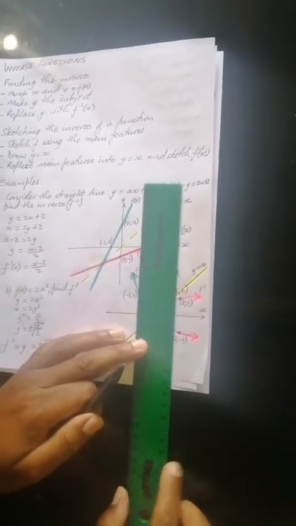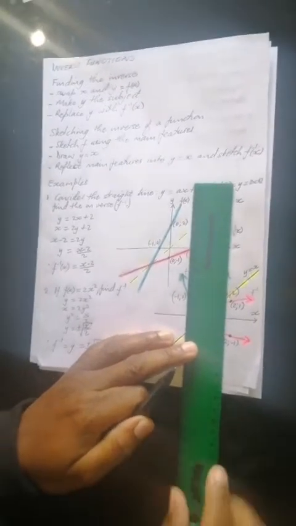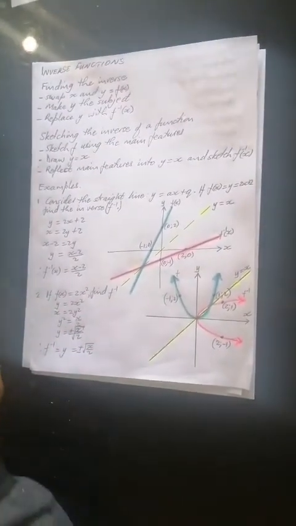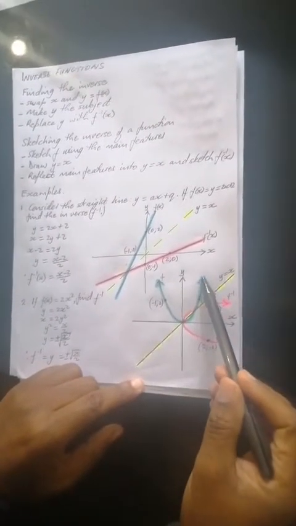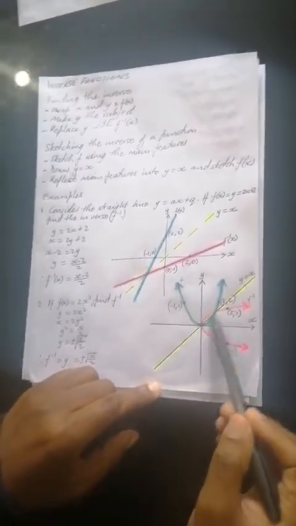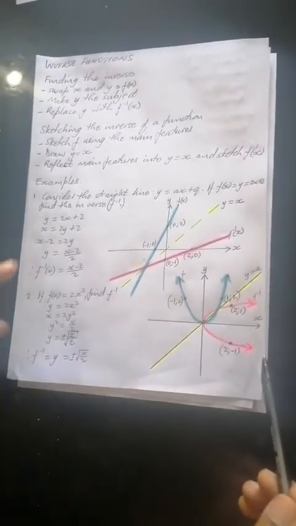Therefore, it means it is not a function. It will only cut once if it is a function. So we always restrict the domain of the graph of f such that its inverse becomes a function. And that is what we are discussing here on this part.